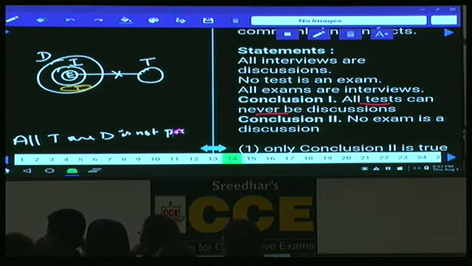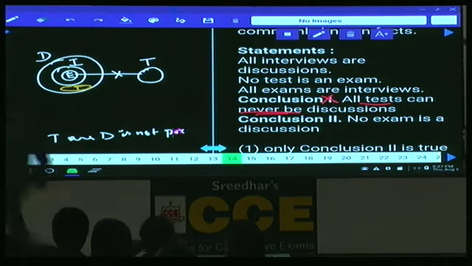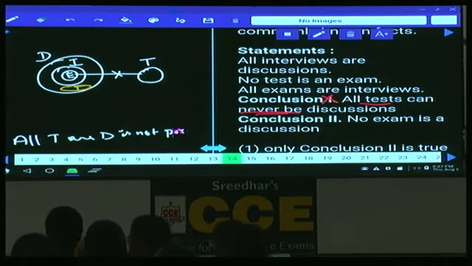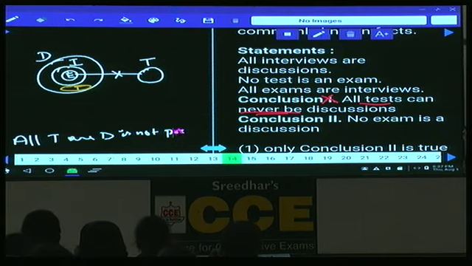As all test are discussions is possible, his claim that it is not possible is wrong. I have proven a case wherein all test are discussions is possible. For me it is possible. His claim that it is not possible is wrong.